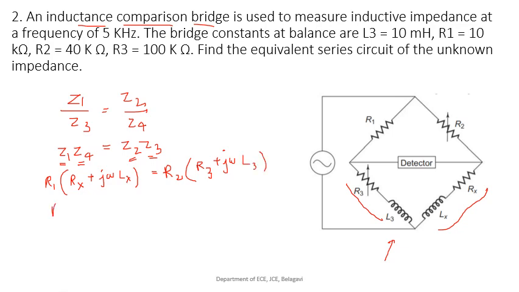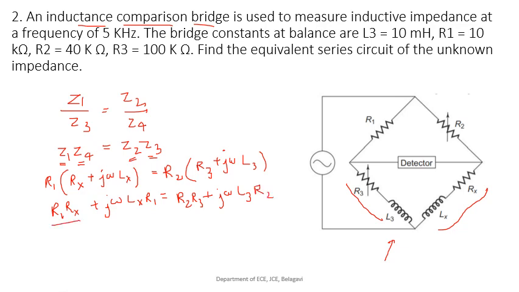So again you simplify, you will get R1 times Rx plus j omega Lx, equal to R2 times R3 plus j omega L3 R2.